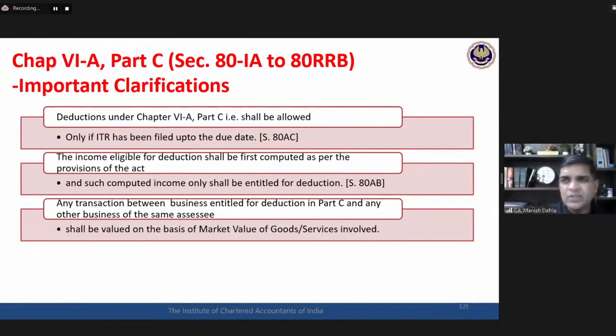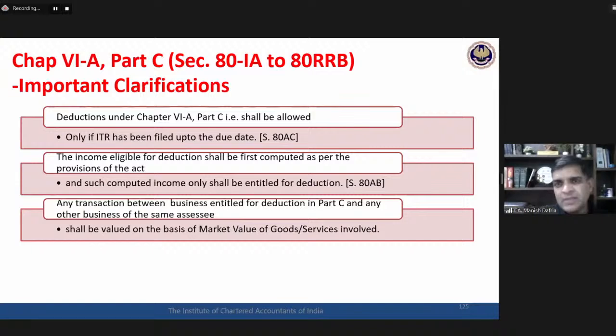Let's again try to generate a real-life situation. Now, my assessee is having two businesses. One is eligible for this Part C deduction, another is a normal business. So what I can do, from my normal business, I sell something to this Part C eligible business. Now, what I do, I deliberately sell that item at a lesser value.